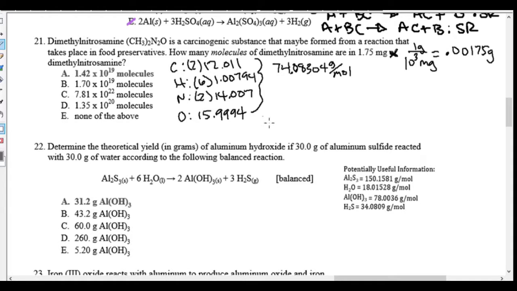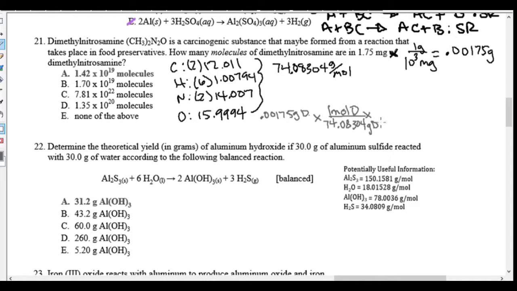We have 0.00175 grams. I'm just going to put D for dimethylnitrosamine, times our molar mass, which is 74.08304 grams of D for every 1 mole of D.